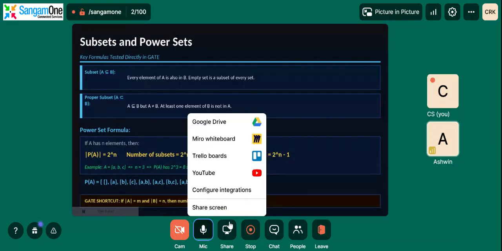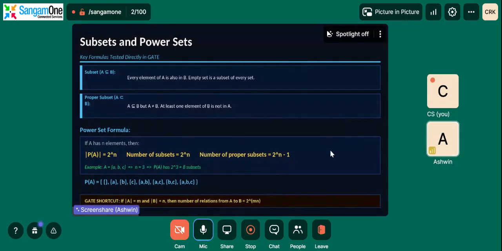Proper subsets plus null set is equal to power set, is it? Yes. Because the heading you have put is power set formula, but proper set is different, right? Power set minus null set is called proper set. Yes, exactly.